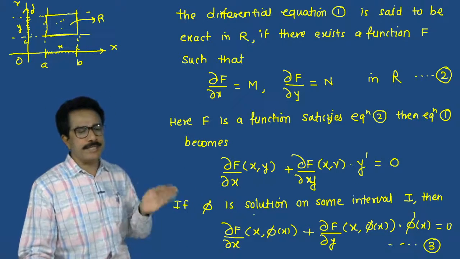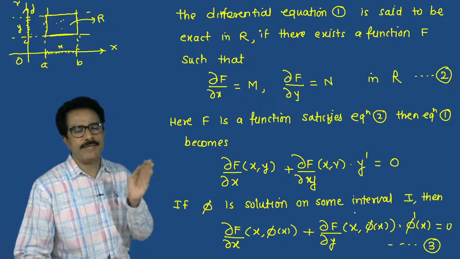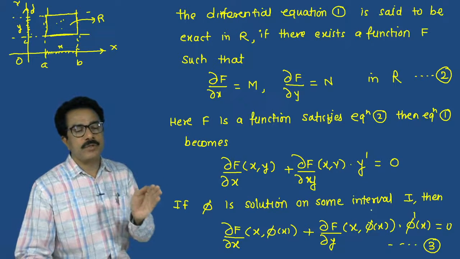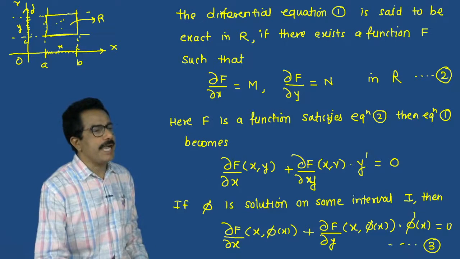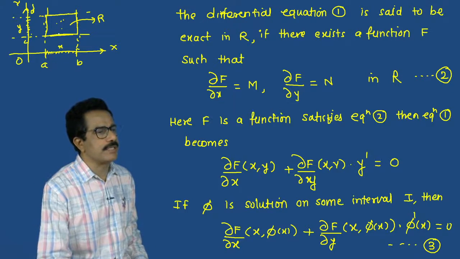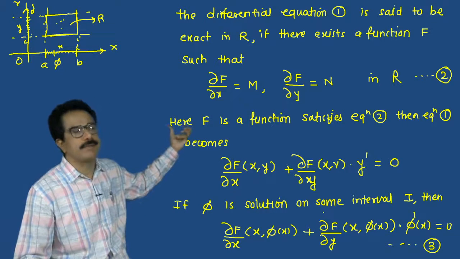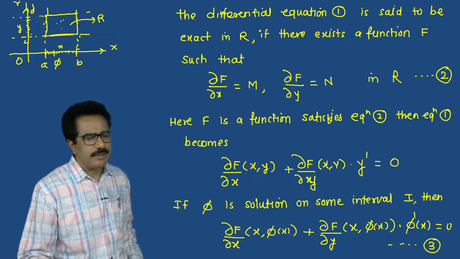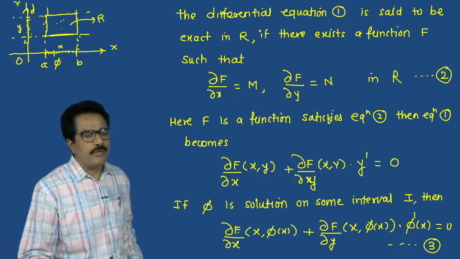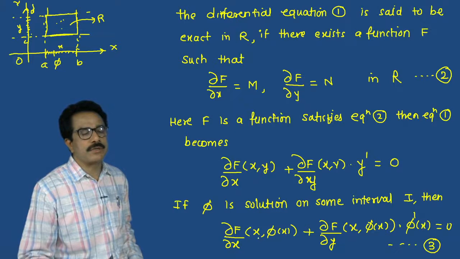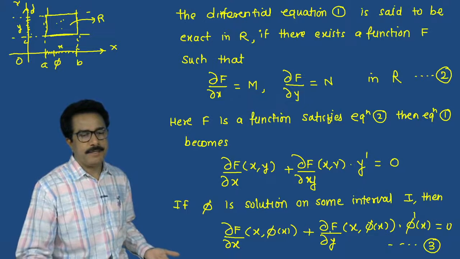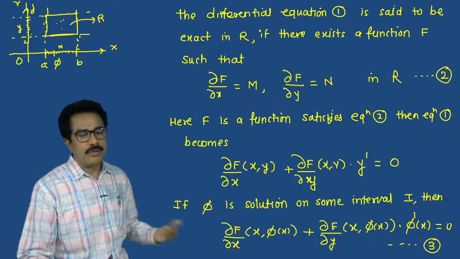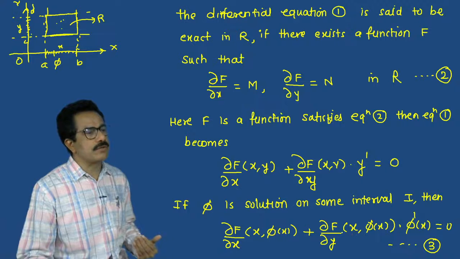Suppose that phi is the solution on interval I. If in this interval there is a solution phi, then we can write, replace this, dou phi by dou x, which is equal to x comma phi of x, plus dou phi by dou y, which is equal to phi dash of x.